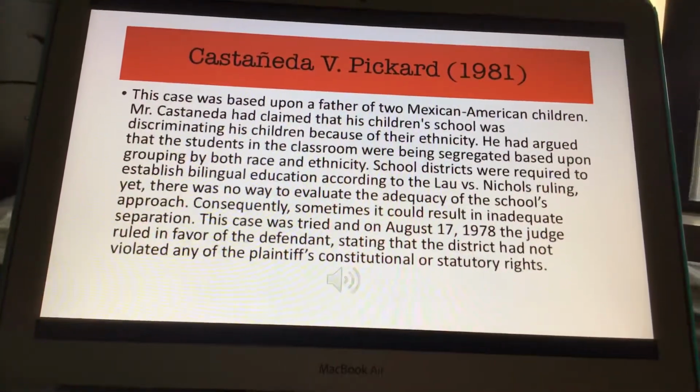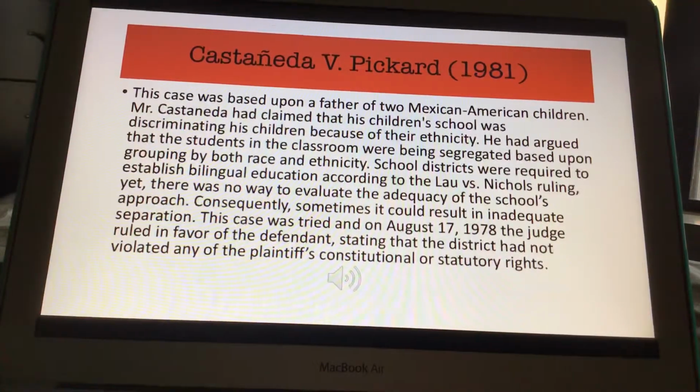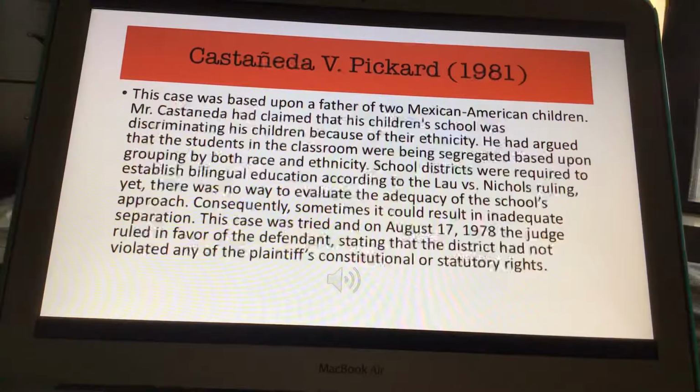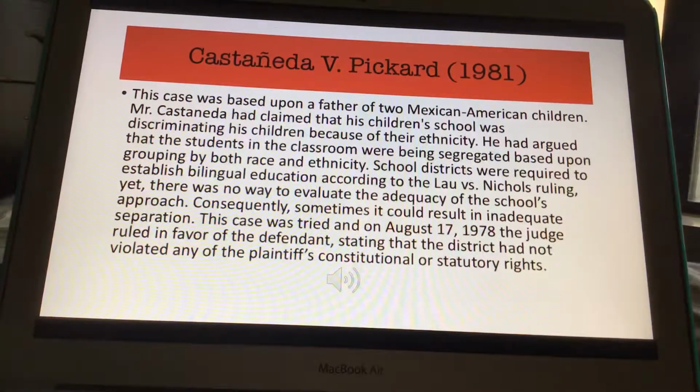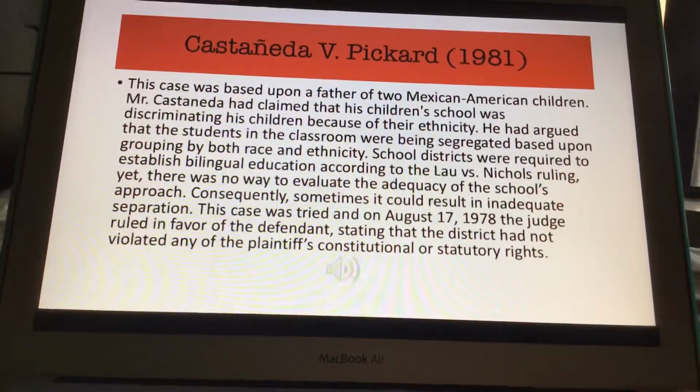School districts were required to establish bilingual education according to the Lau v. Nichols ruling, yet there was no way to evaluate the adequacy of the school's approach. Consequently, sometimes it could result in an inadequate separation.